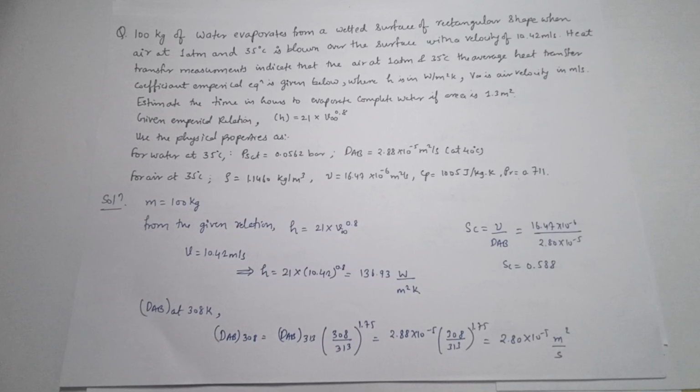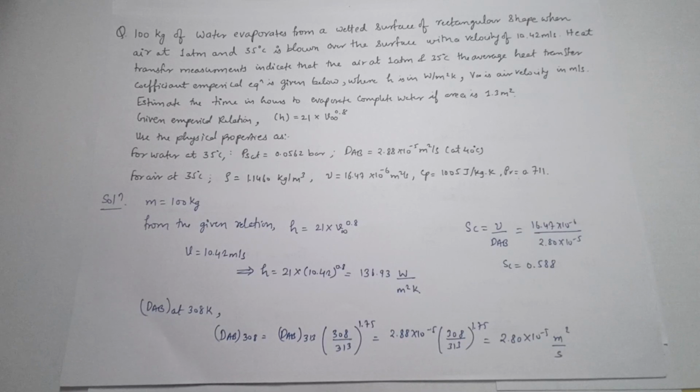The physical properties we are going to use for solving this numerical problem are: for water at 35 degrees Celsius, the PSAT is 0.0562 bar. The DAB is 2.88 into 10 to the power minus 5 meter squared per second at 40 degrees Celsius.